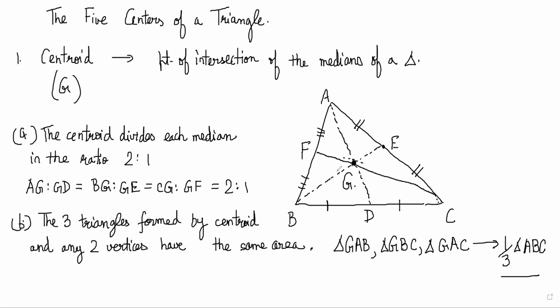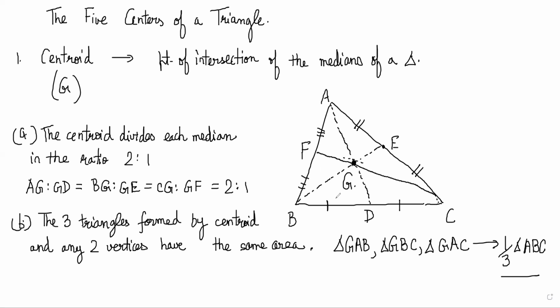You can prove this property simply by realizing that this median divides the overall triangle in the ratio of 1:2. So triangle ABD has area of 1 by 2 triangle ABC, and then in triangle ABD, the GBD will be 1 by 3 of ABD. So that is 1 by 6 of ABC.